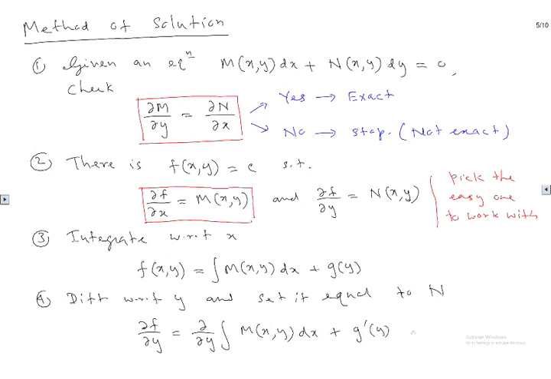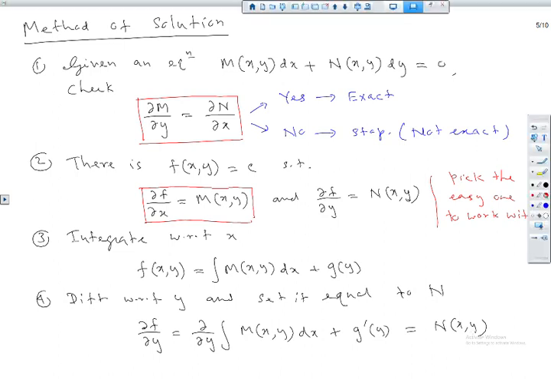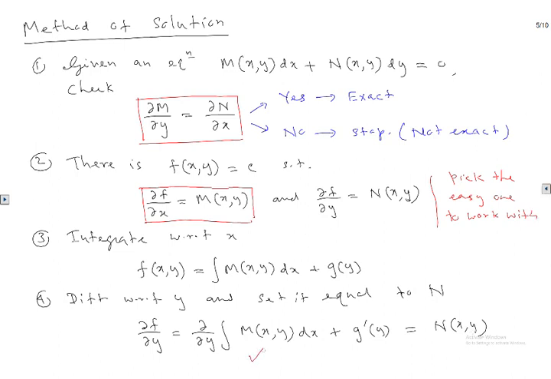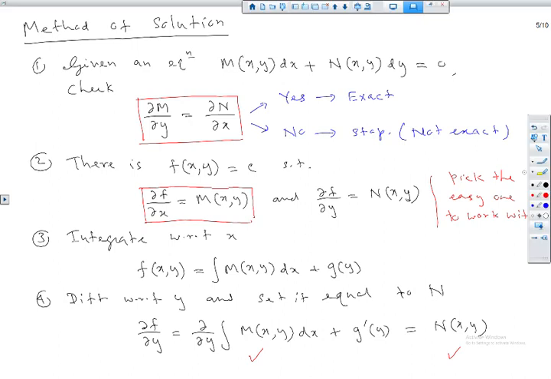Now we can set this equal to the N function. We know this part and we know that part, so that means you can solve for g(y). That's what we're trying to do next.